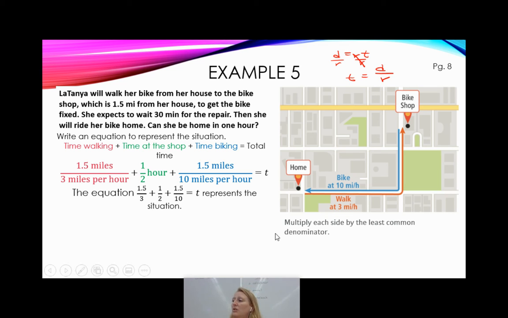We're going to multiply everything by the least common denominator, which in this case is 30. 3, 2, 10. 30 is the only number that all 3 of those numbers will go into. So I'm going to multiply this by 30, this by 30, this by 30, and I even have to multiply my t by 30.